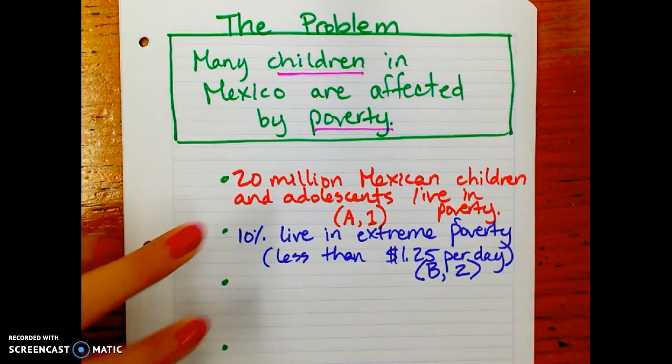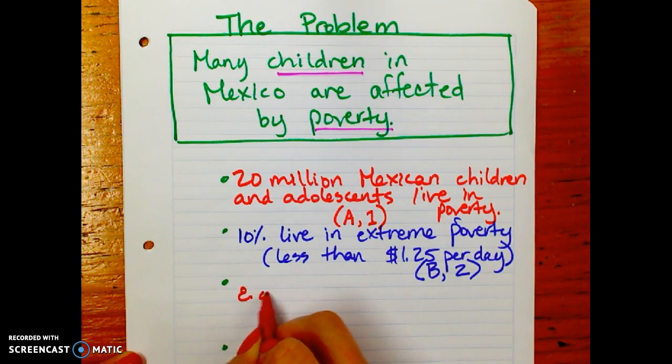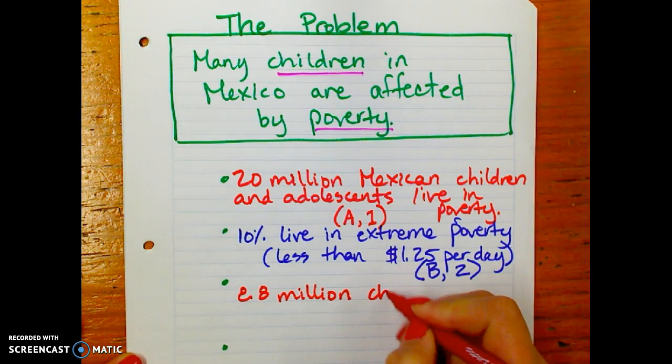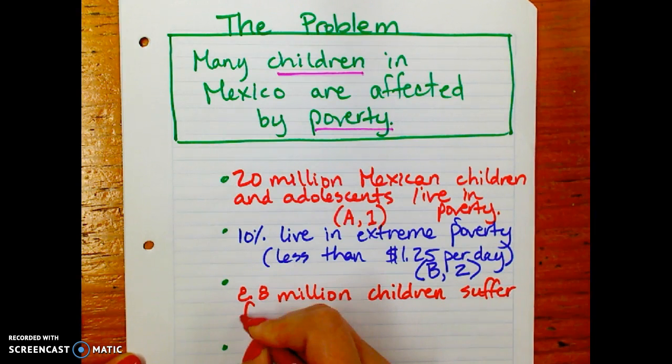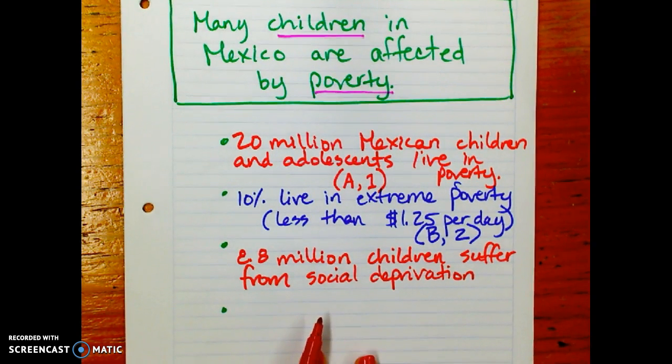Okay. Let me just add one more here that I think will be useful. 8.8 million children, this is very sad, suffer from social deprivation, which means they are actually living in a place where they're not getting enough social activity.